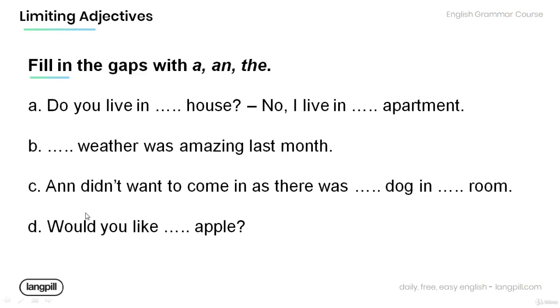C. Anne didn't want to come in as there was dog in room. D. Would you like apple?